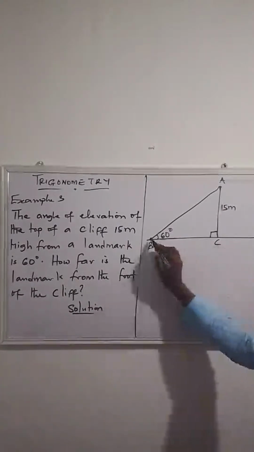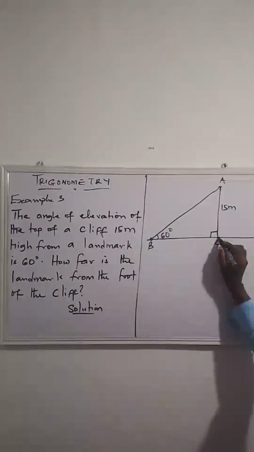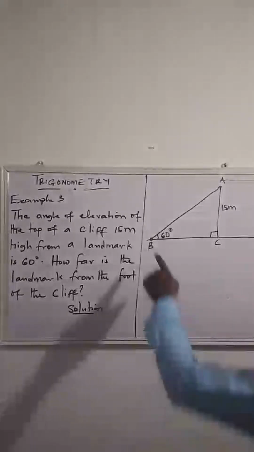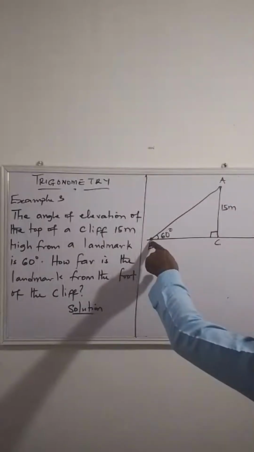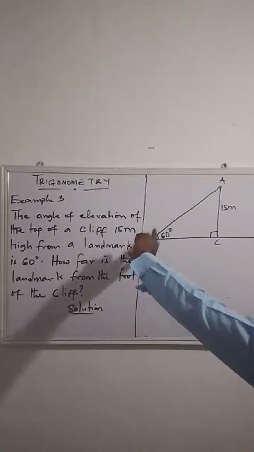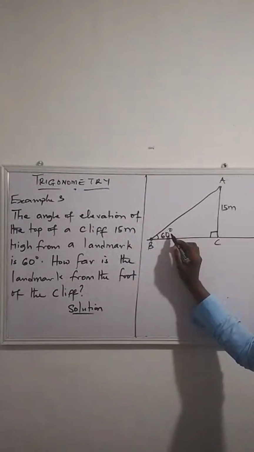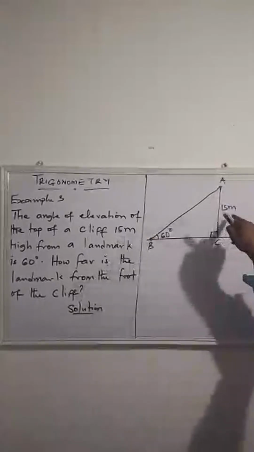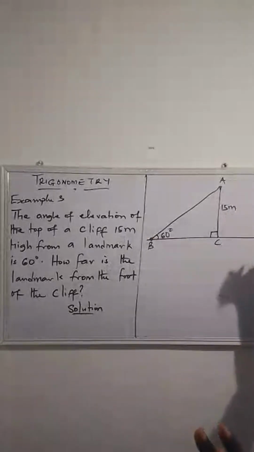This is the landmark and this is the foot of the cliff, so you want to get the distance. Now the observer is here, don't forget. The observer has elevated his head by 60 degrees to see the top of a cliff which is 15 meters high. That's all about the question.